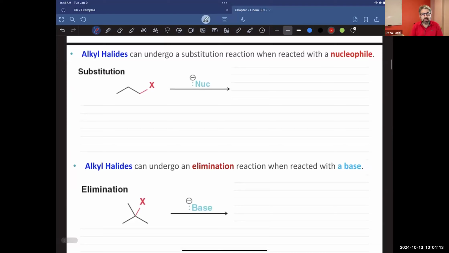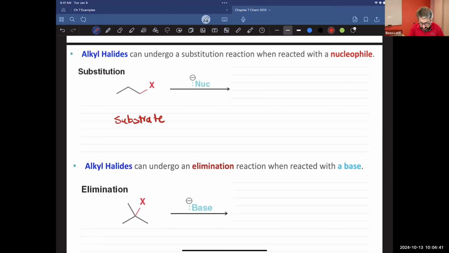Now, the alkyl halide might go under a substitution reaction, and in this case we have a nucleophile, and the nucleophile will attack the substrate. So this is going to be our substrate, and the nucleophile is a compound that has a lone pair or negative charge. Be careful.